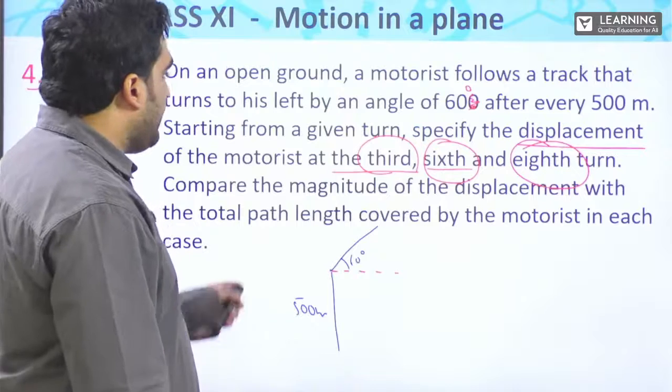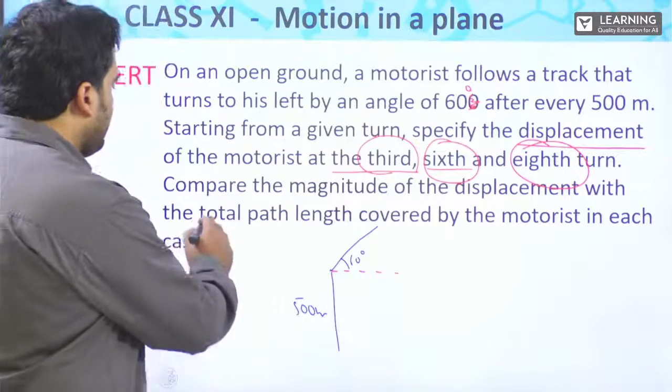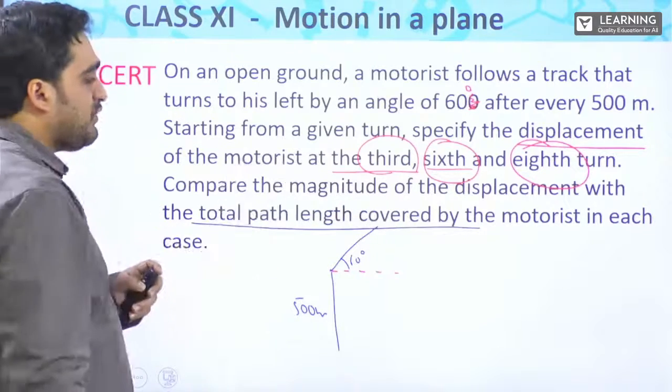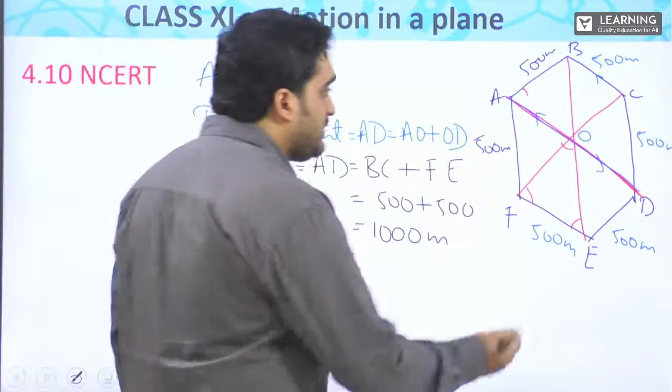It also says find the total path length. After finding displacement, you also need to find the total path length, which is the distance.